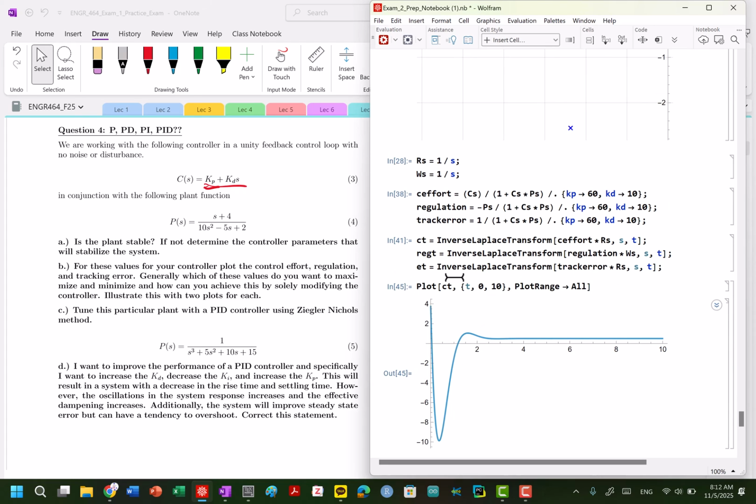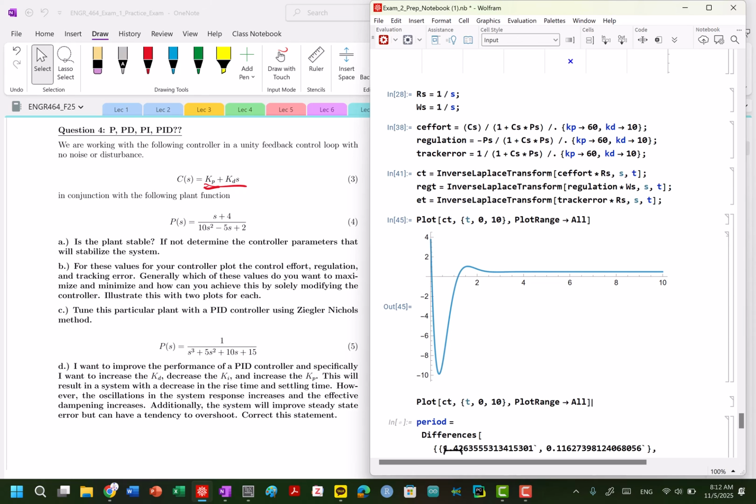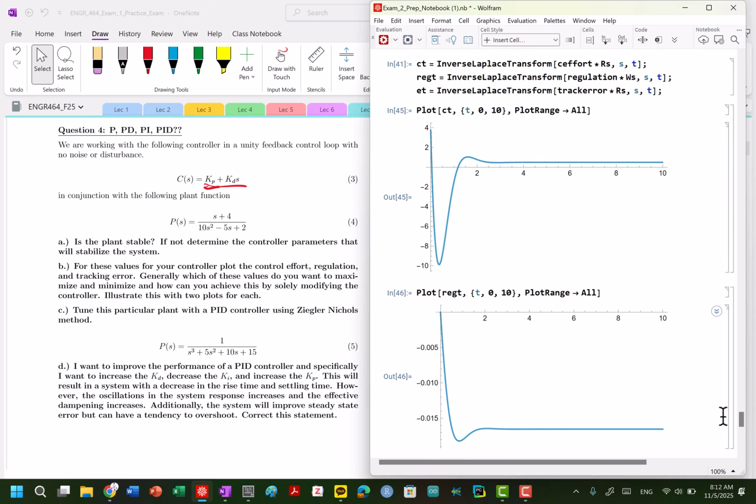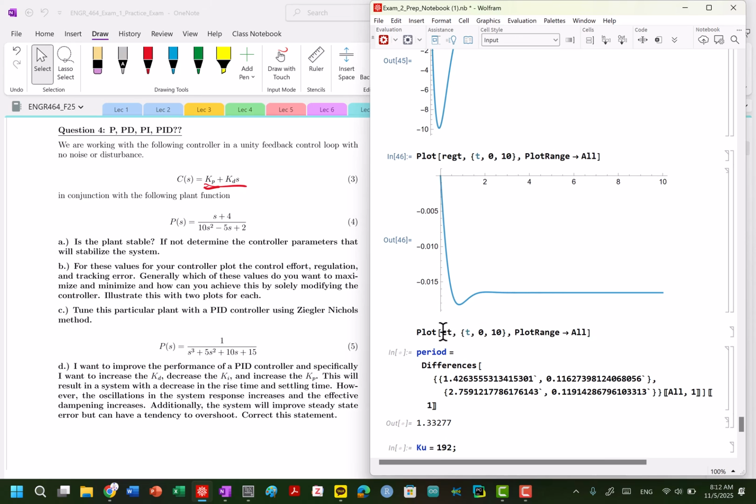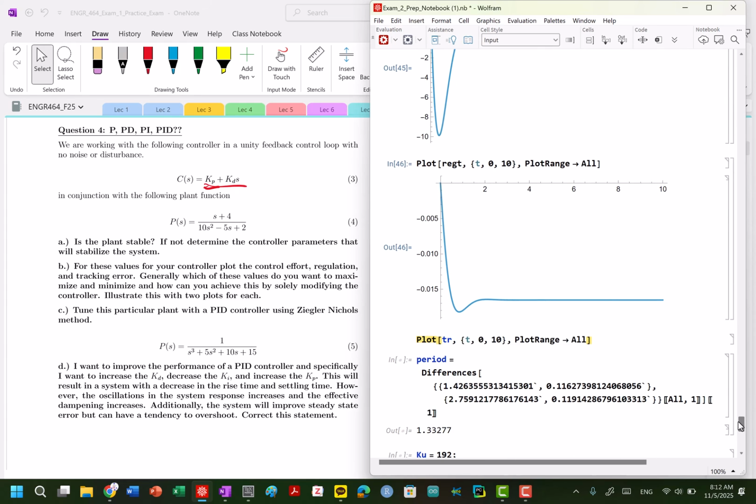Excellent. So we can also do plot of here, CT, reg T, and then we can see our ET, error.